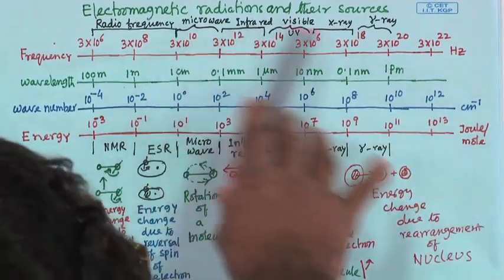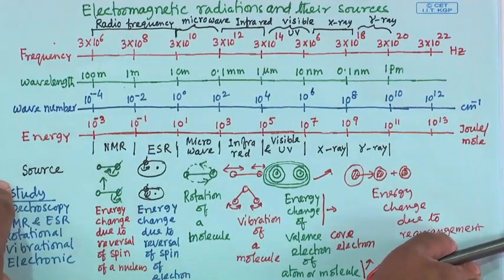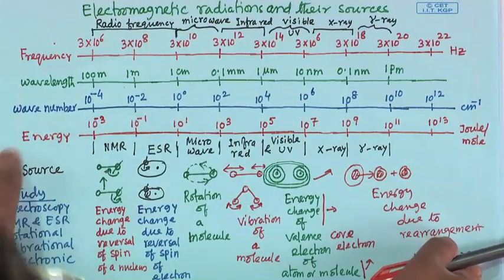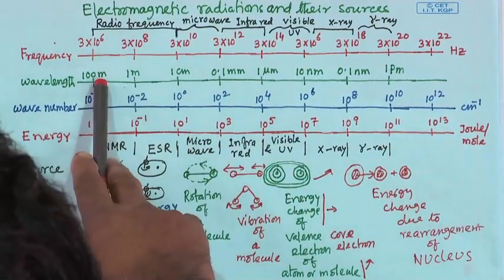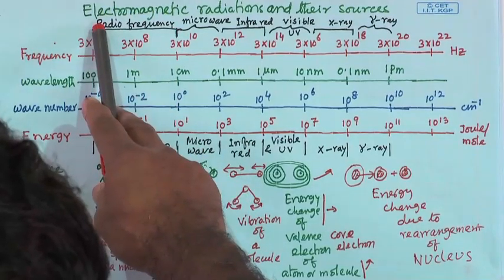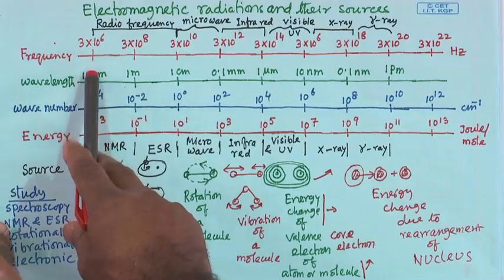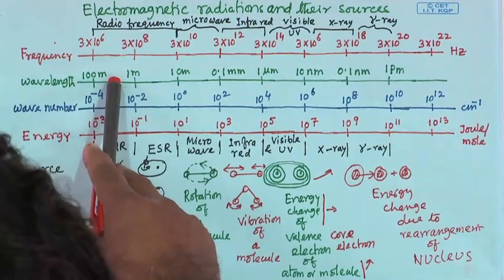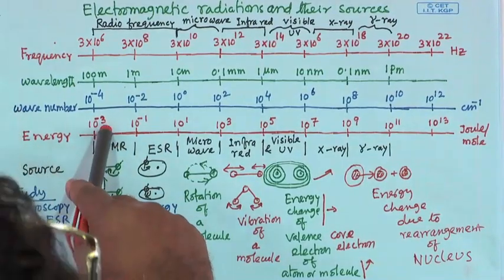Now, we have electromagnetic radiation in different ranges of frequency or wavelength or wave number or energy. As higher wavelength means lower frequency, this is the higher wavelength, you see 10 to the power 2 meter, 100 meter, or smaller energy, 10 to the power minus 3. Okay.